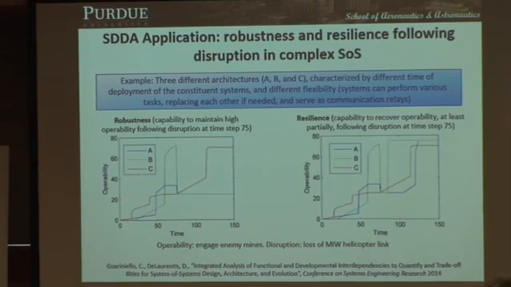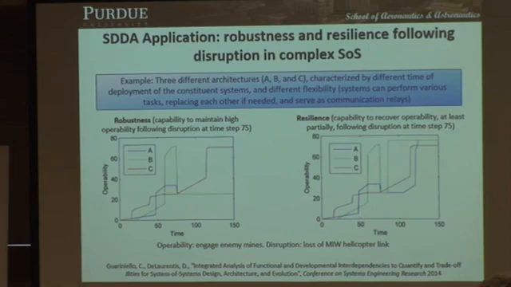Or we can have resilience, the capability to recover part of this operability. Think of the example I gave before when one system could replace another. In this case, what we saw is that instead architectures B and C were better at recovering. We already had some systems deployed, but they had some rule by which they could replace each other, and they still could perform well.